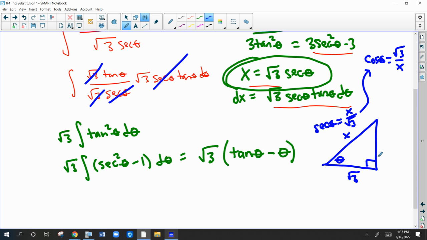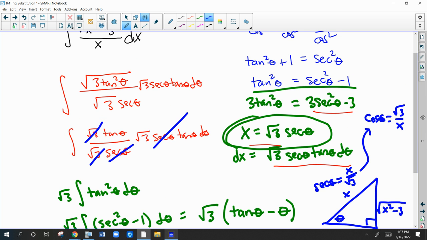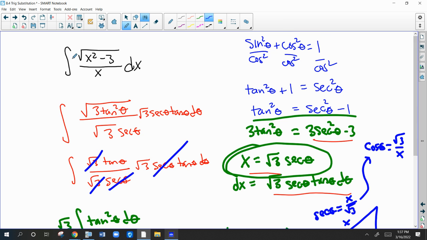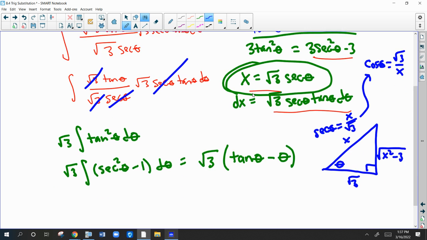Then I can use the Pythagorean theorem to get this side, which would be root: this squared plus this squared equals x squared. So this would be root x squared minus root 3 squared, which is root x squared minus 3, which you've already noticed we had up here at the beginning of the problem. So that's really kind of like a checkpoint here. You should get that as part of your triangle. It would just work out that way.